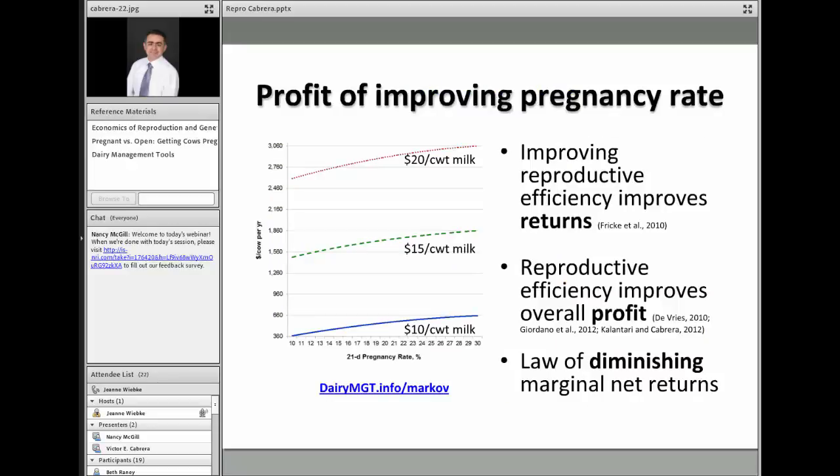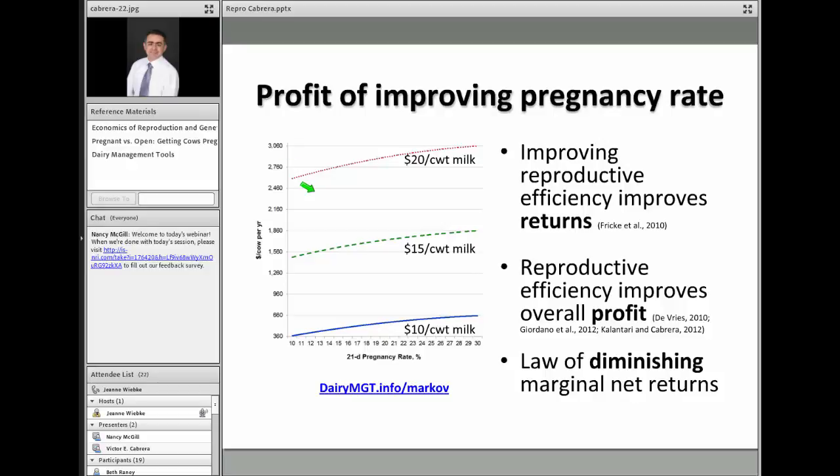Okay? So here is regarding the first tool that finds out the value of the 21-day preg rate. And I would like to take a moment to discuss the graph you can see on the left side of the slide. Basically, what we have there is the 21-day preg rate on the x-axis.